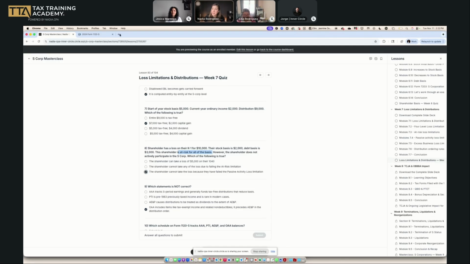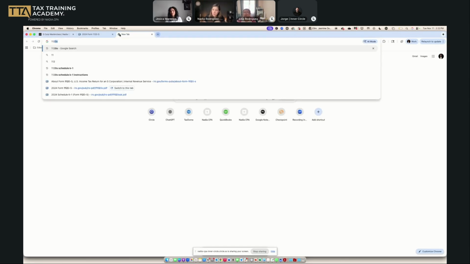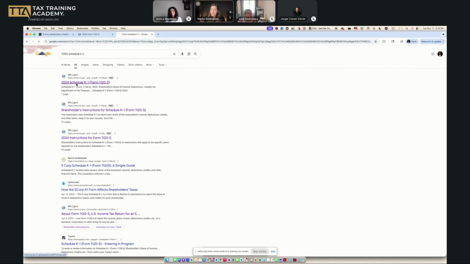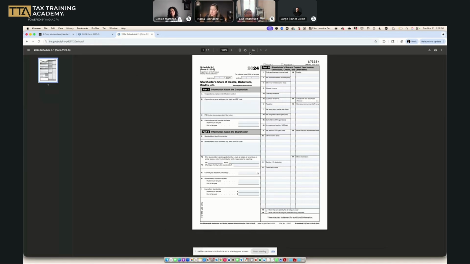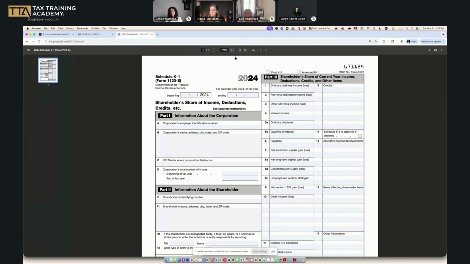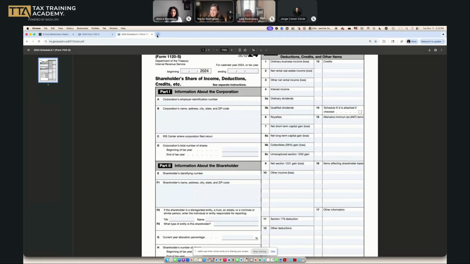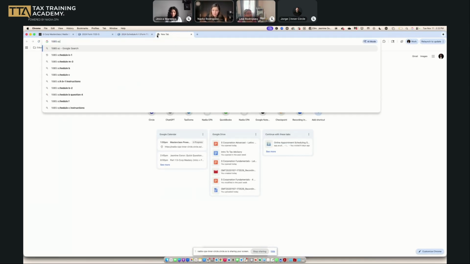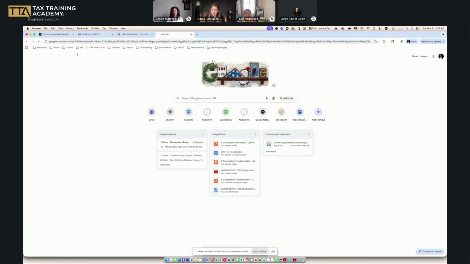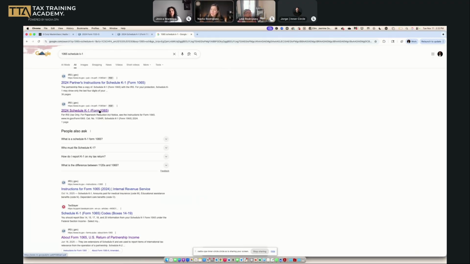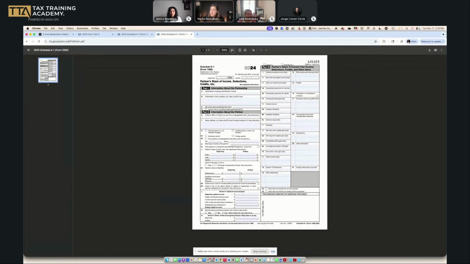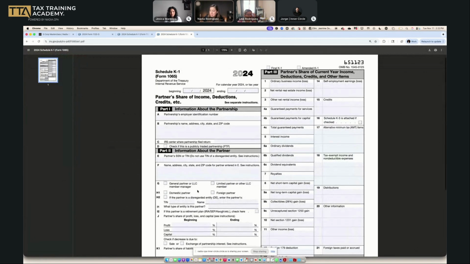The thing is, on the 1120S K1, we don't have a box for limited or passive. So see, there's nothing here. If we look at a 1065 K1 for a partnership, you do mark the partner as a general partner, or as limited, which is not active.